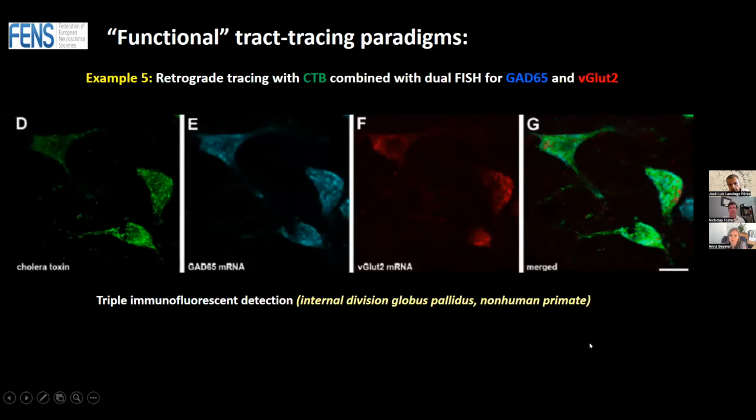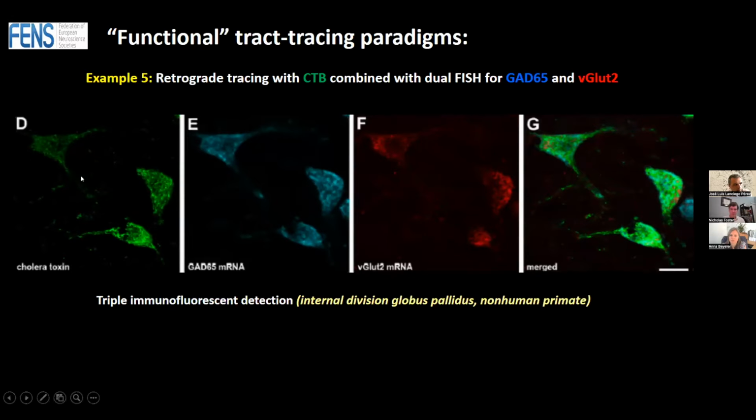Further on, you also need to be aware that sometimes you need a functional correlate of your circuit. I mean, you can identify a given circuit, and then you may be interested in elucidating the type of mRNAs being expressed by these projection neurons. So here we have 3 neurons in the internal division of the globus pallidus that have been labeled with cholera toxin injected in the thalamus.